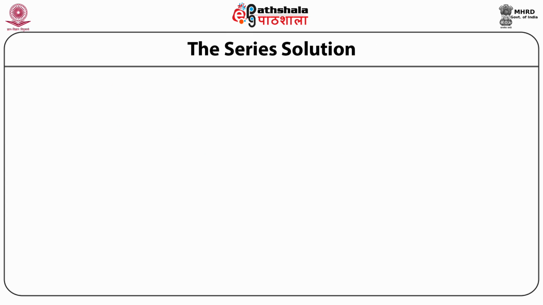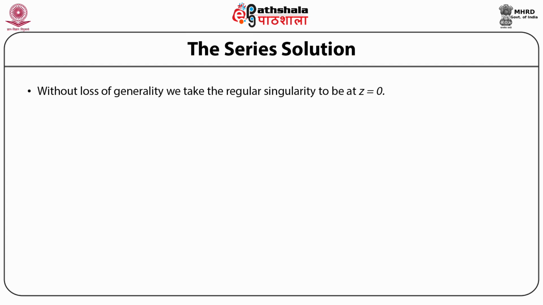Now we proceed to study the series solution. As for the case of an ordinary point, without any loss of generality, we take the regular singularity to be at z is equal to 0.